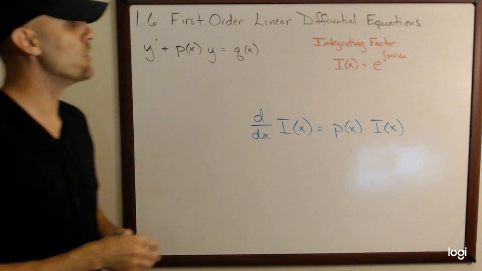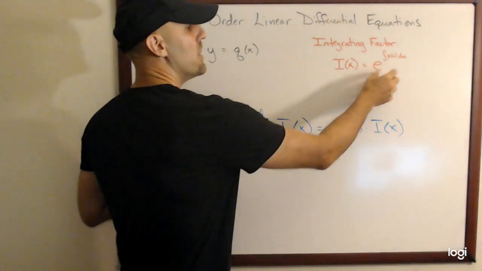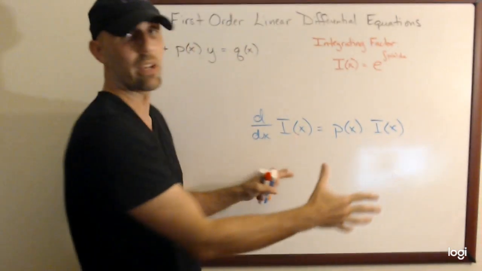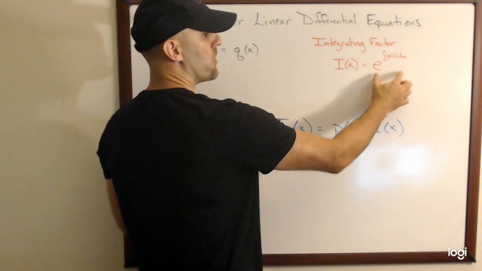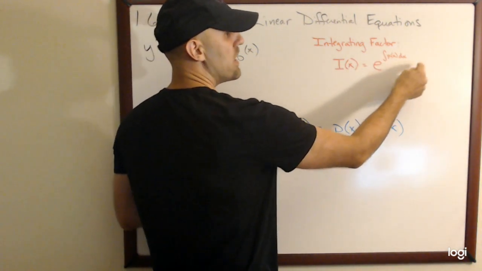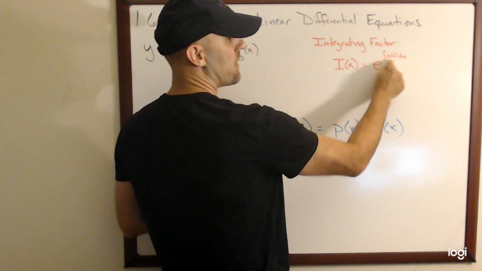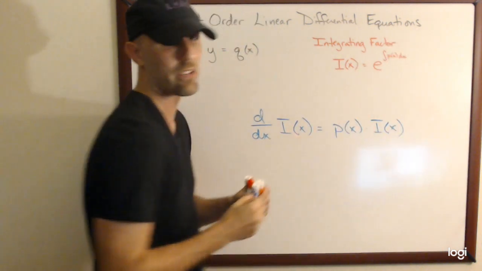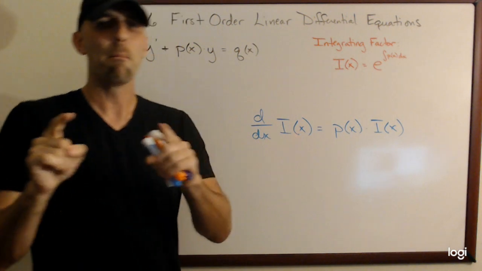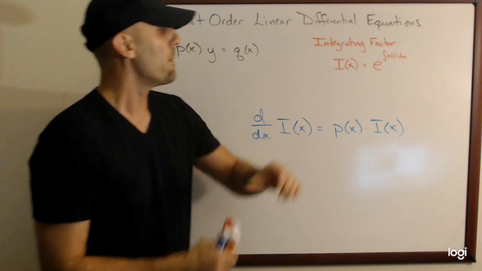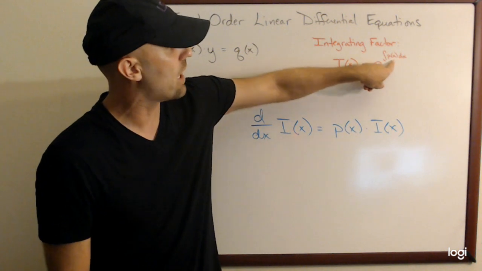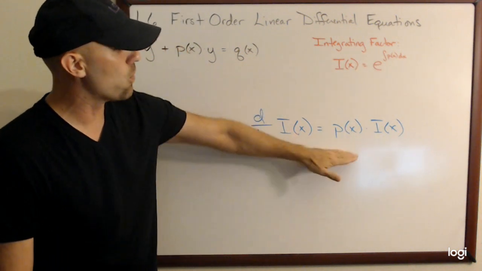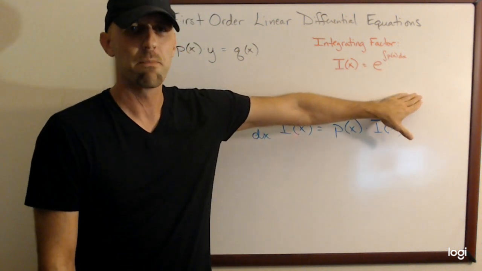And you'll see that this does fit that criteria. If I take a derivative of this function here, it's e to a function, so the derivative of it is itself, times a chain rule where you take the derivative of the exponent, and the derivative of the exponent is p of x. But I want you to notice something. This actually works. When I integrate this, I'll get an arbitrary constant, but this will actually work no matter what that constant is.